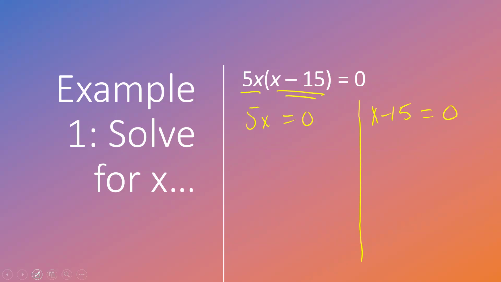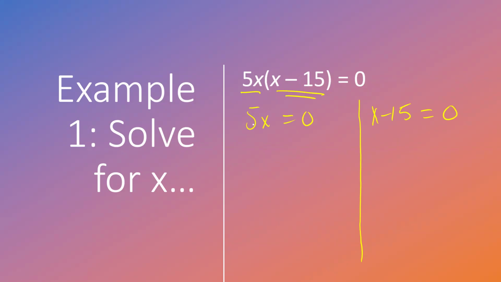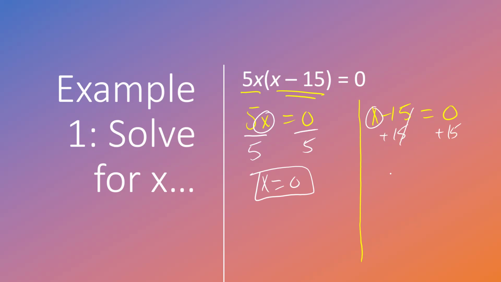After you set each factor equal to 0, your job is now to isolate the variable to solve for x. What do I need to do on this one? Divide. And that gives me x equals 0. On this side, that gives me x equals 15.